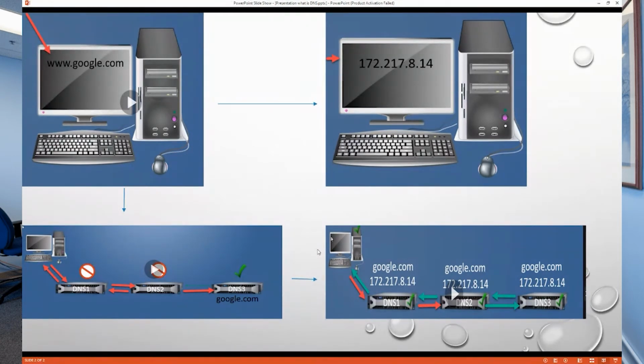Well, you don't have to, because of the DNS. It translates names such as google.com, amazon.com, facebook.com, and instagram.com for your computer browser.